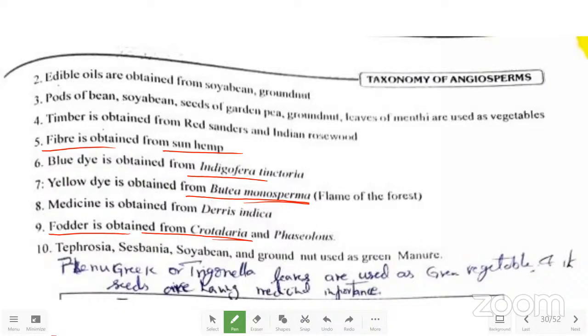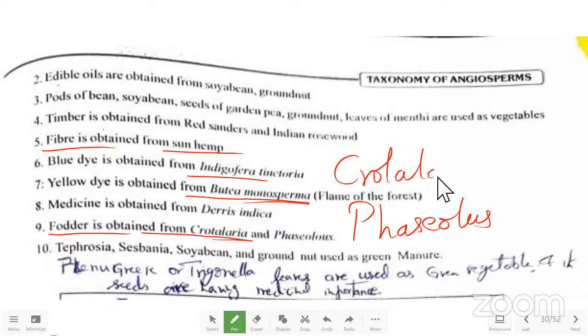So here fodder can be made from Crotalaria and Phaseolus.